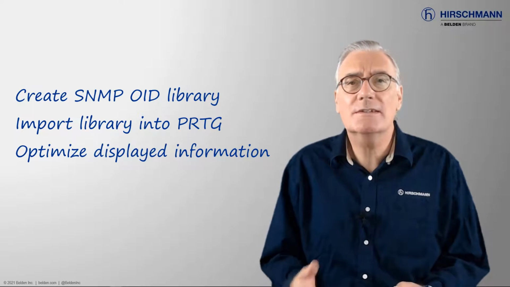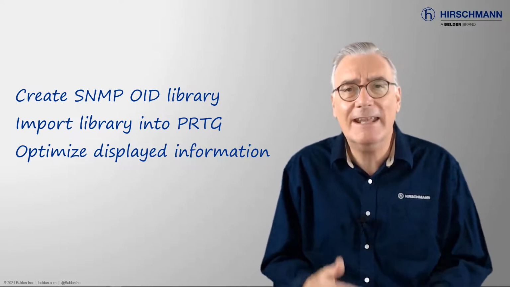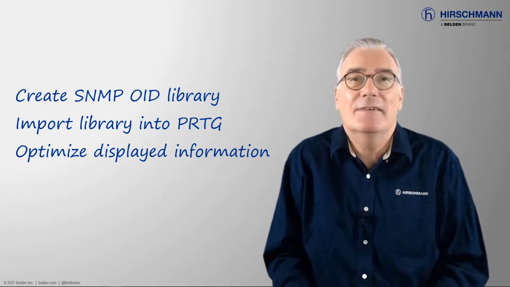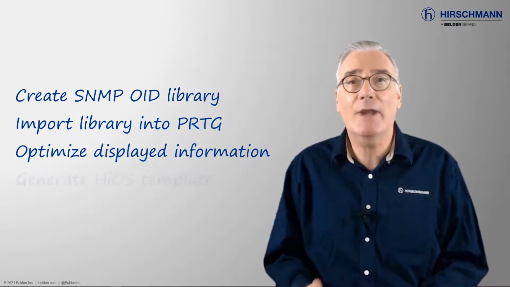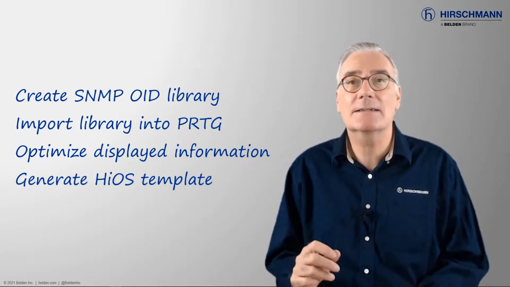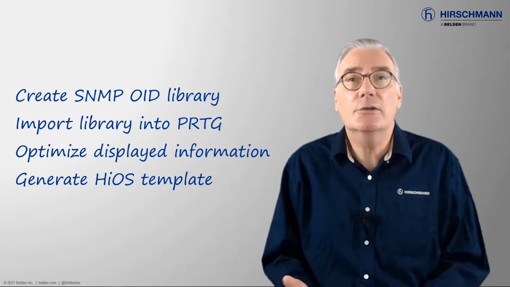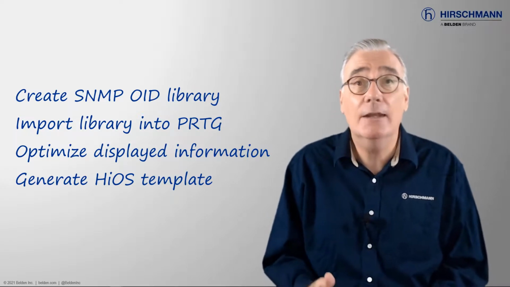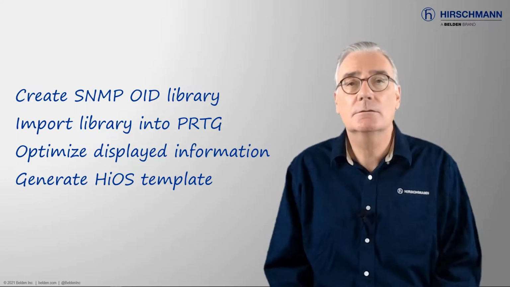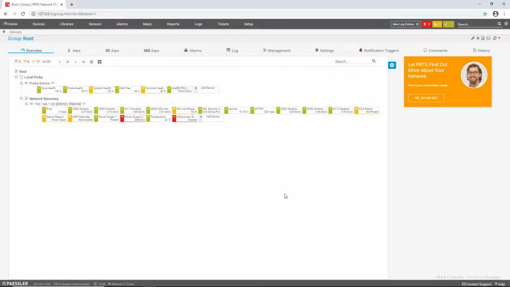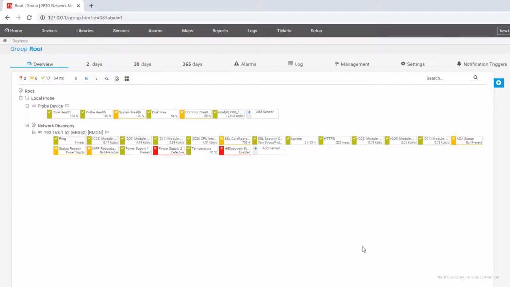You will not want to configure the sensors for each HiOS device individually. So PRTG offers a function to create a device template. This can be applied to devices automatically during the device discovery process. The template can be created directly from an existing device.